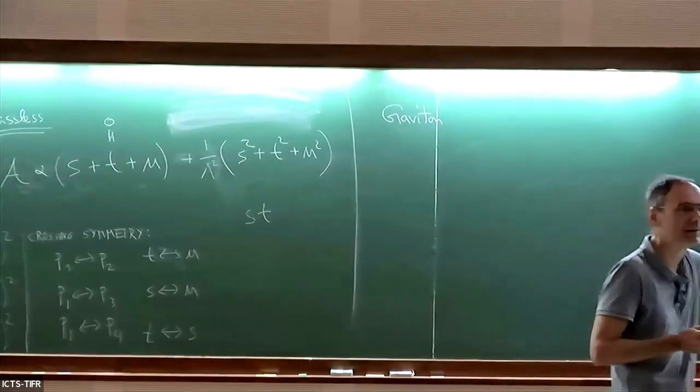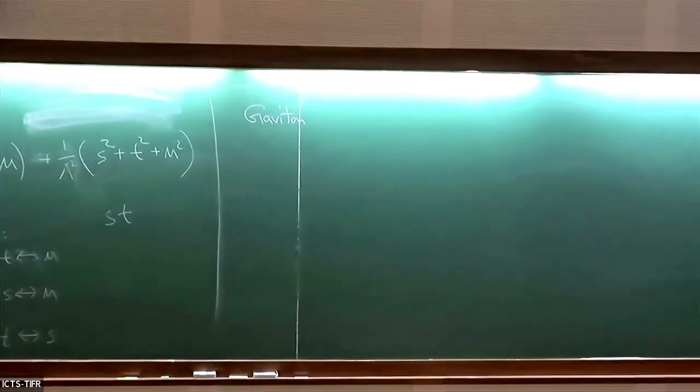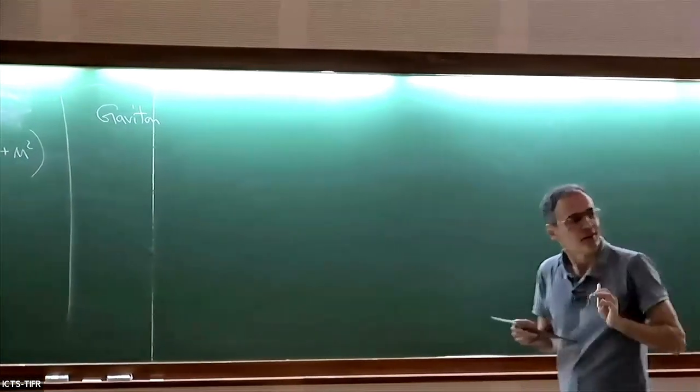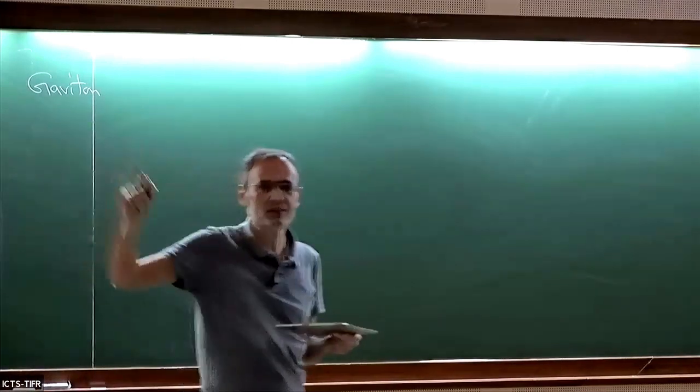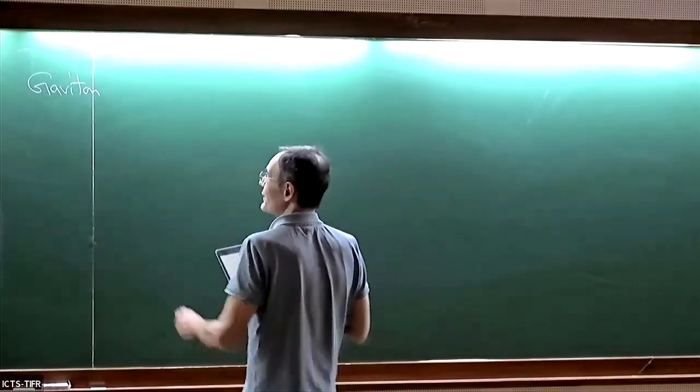The higher the spin of the particle, the simpler it is with amplitudes. It's the opposite with quantum field theory. Quantum field theory of scalars is simple, but when you put fermions, it's complicated. Spin one is more complicated because you have gauge redundancies and gauge fixing, and spin 2 has even more indices. Here it is the opposite.